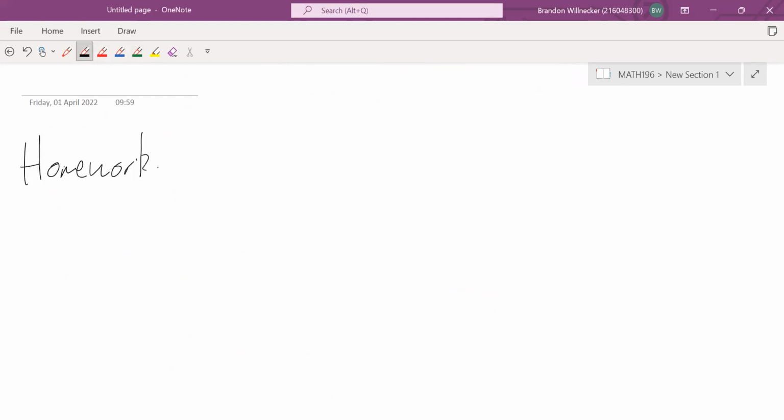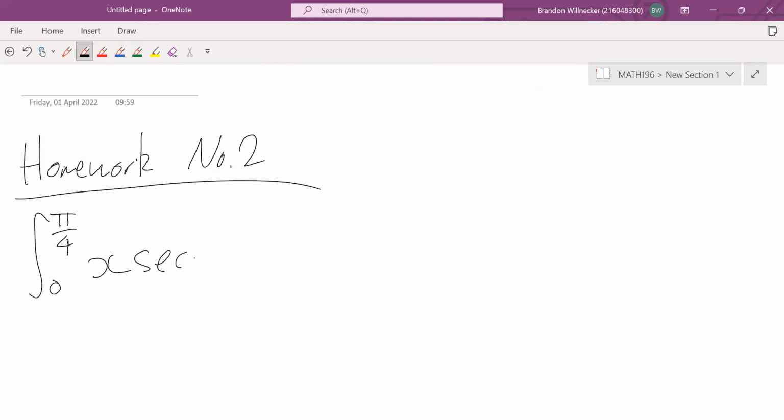Okay, so this was homework number 2. This was the integral from 0 to pi/4 of x sec squared x dx. So we need to find which of these terms is easier to differentiate and which term is easier to integrate.